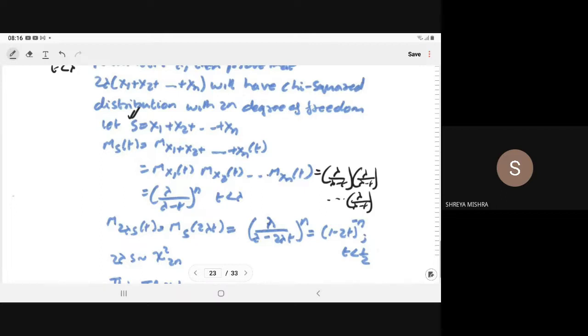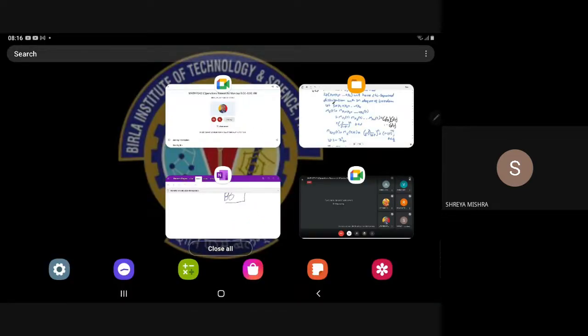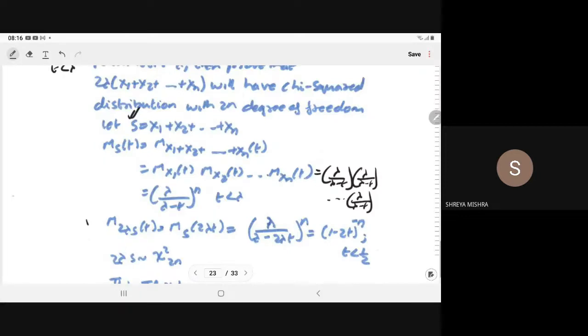But we have to compute the moment generating function for 2 lambda S. By the theory of moment generating functions, it becomes Ms of 2 lambda t. We know the MGF for S is lambda upon lambda minus t to power n. Instead of t, replace it by 2 lambda t.